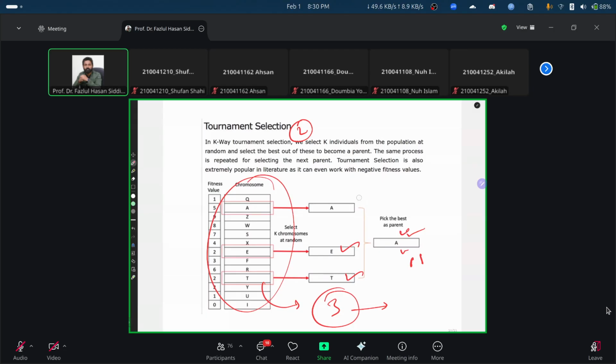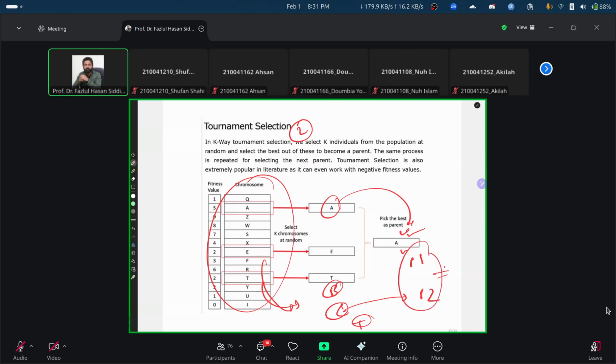Remember, from A, E, and T, the highest fitness is A, and that's why A wins. In the next, say there are B, C, and T. Among these, we check the fitness. If C has the highest fitness, then we will take C as parent number two, and then we will go for the crossover. Hope you understand the tournament selection. That's it.